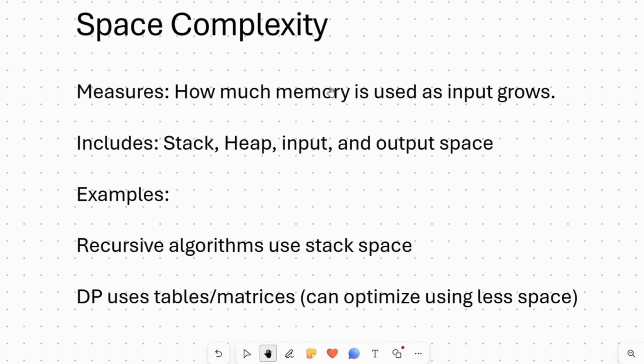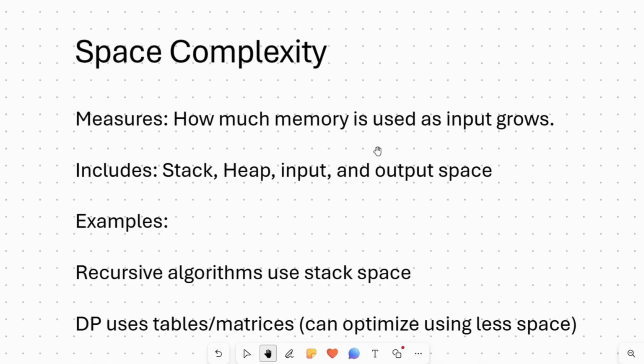Now let's talk about space complexity. In today's world, this is not so important because space means memory, and memory is getting cheaper day by day. So space complexity is not as important as time complexity.